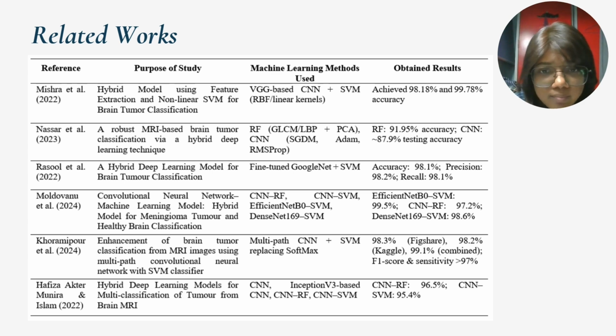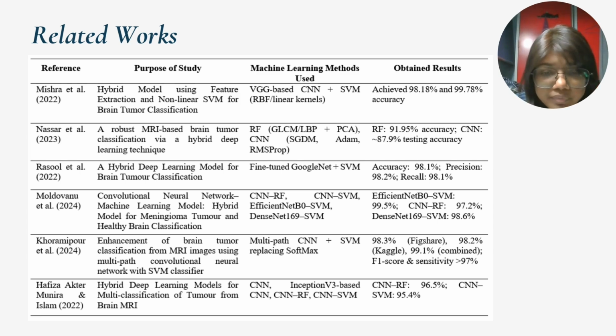First, by Mishra, they proposed a hybrid model that uses a VGG-based CNN for feature extraction, followed by an SVM classifier with RBF and linear kernels. They achieved impressive accuracies of 98.18% and 99.78% on the two binary MRI datasets.